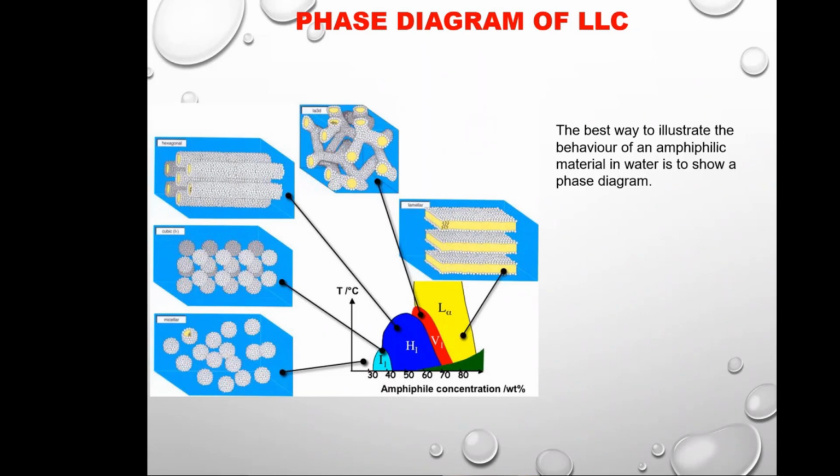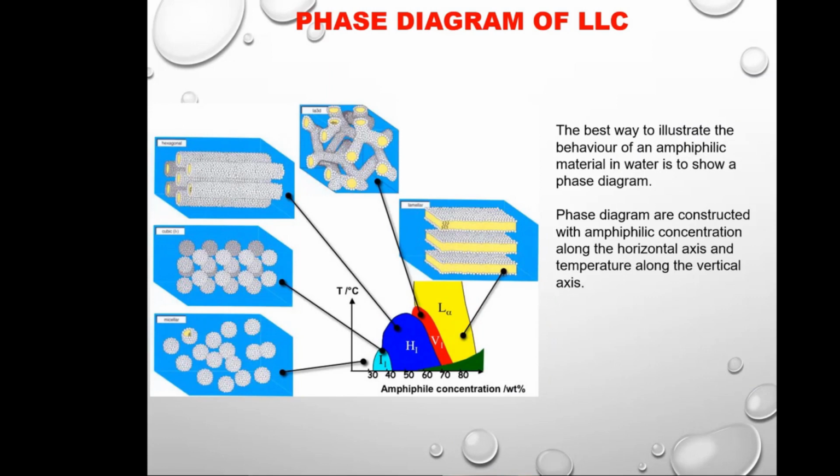However, with the rise of the concentration and here also with the temperature, the micelles tend to organize in the hexagonal cubic phase here. Then we can have the hexagonal arrangement and then more complex structures such as, for example, the lamellar structure.